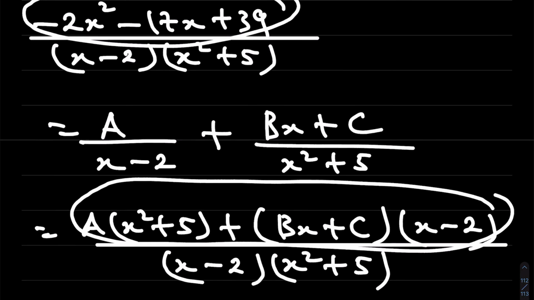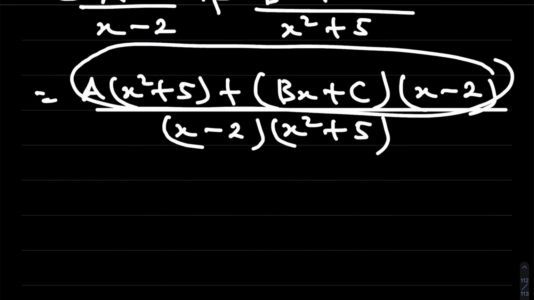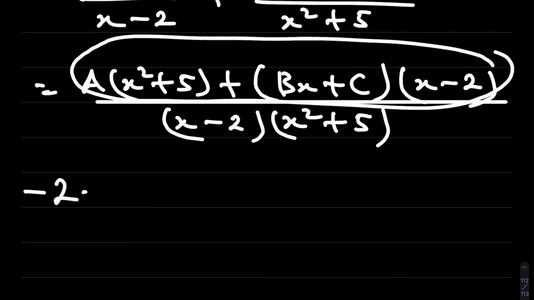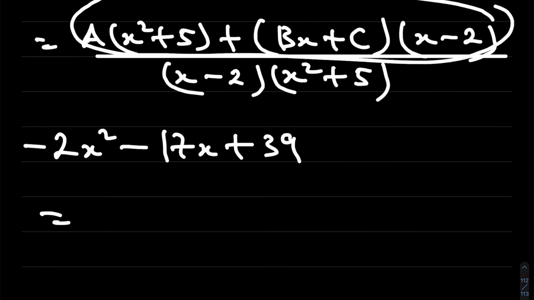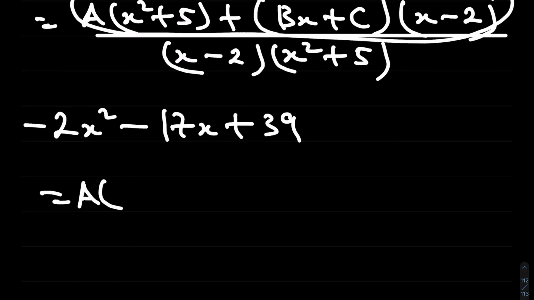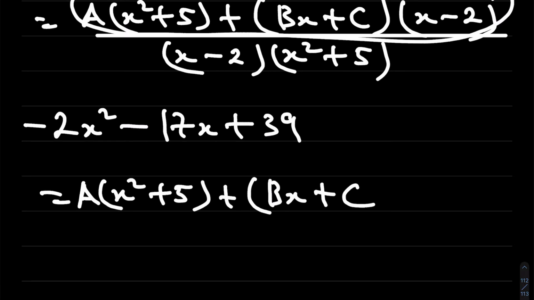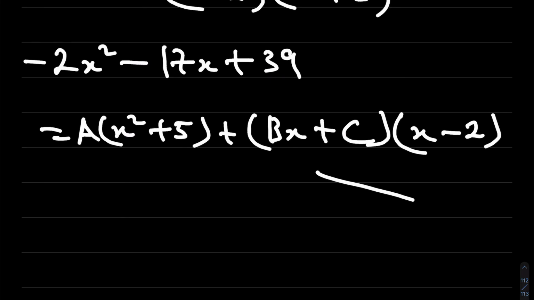So minus 2x squared minus 17x plus 39 will be equal to a times x squared plus 5 plus bx plus c times x minus 2. Let's call that equation 1.